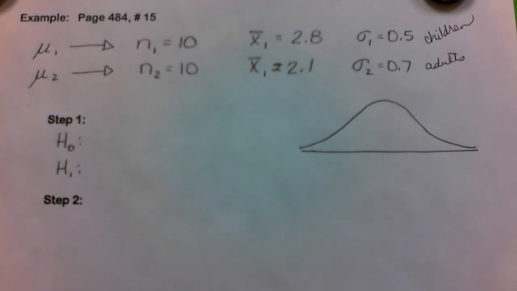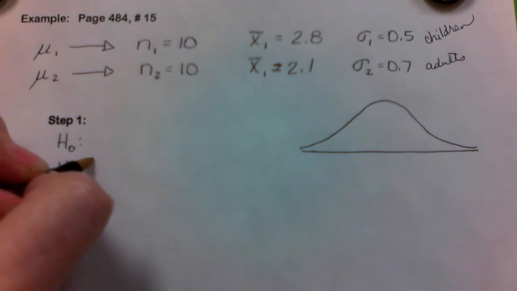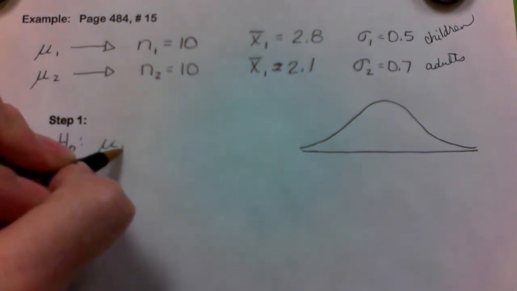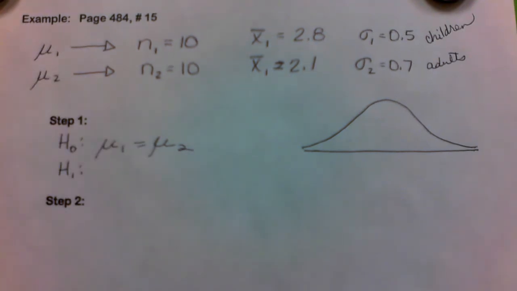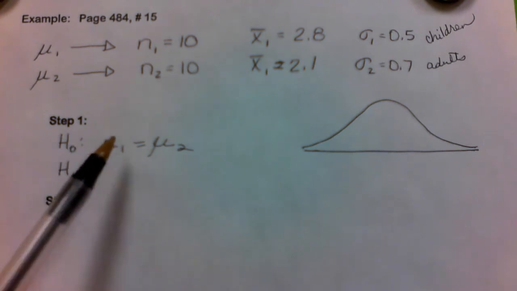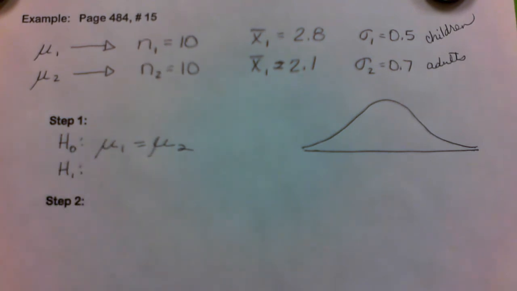Now we're going to set up the null and the alternate. So before I even read the problem, I know that I'm going to say mu1 is equal to mu2. Because when you're comparing 2 different populations, you will not ever have numerical values here. This is saying the children and the adults experience the same average REM sleep.